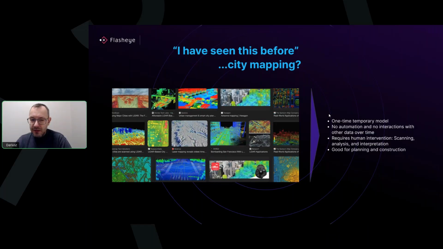It is done at one point in time, and no adaptation, no real-time measurement is happening. It requires human intervention, scanning, analysis, and interpretation, and it is great for planning, construction, management, and so on. But as I said, scanning is done at a single time instance and is not updated often. Today we will be talking about real-time measurements and real-time data analytics.